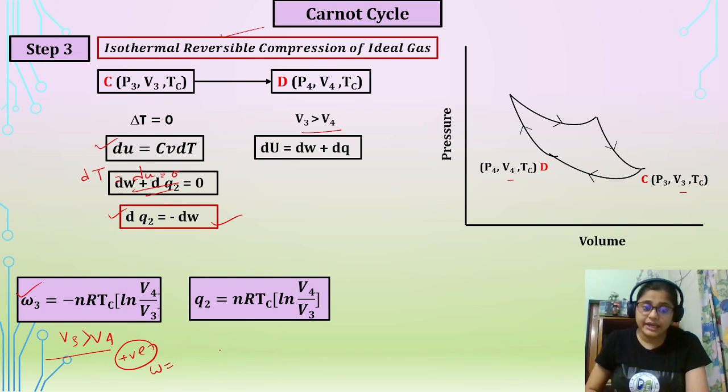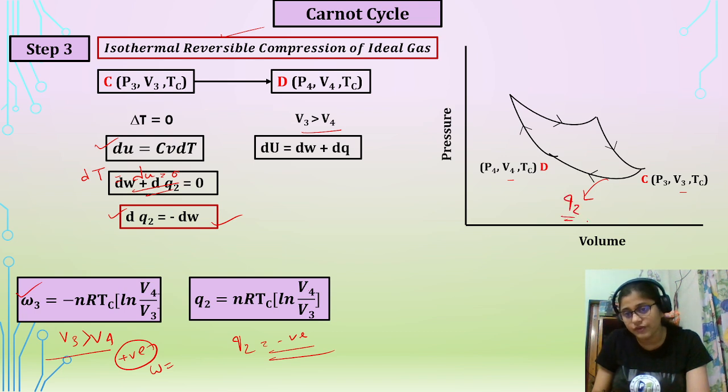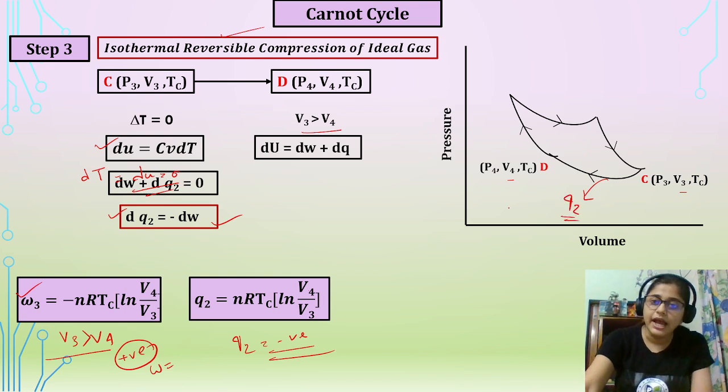So dq, or Q2, will be what? Here V4 is less than V3, so Q2 will be negative. And we know in this process heat is released to the sink, Q2 amount of heat. And again, like previously, what did we get?